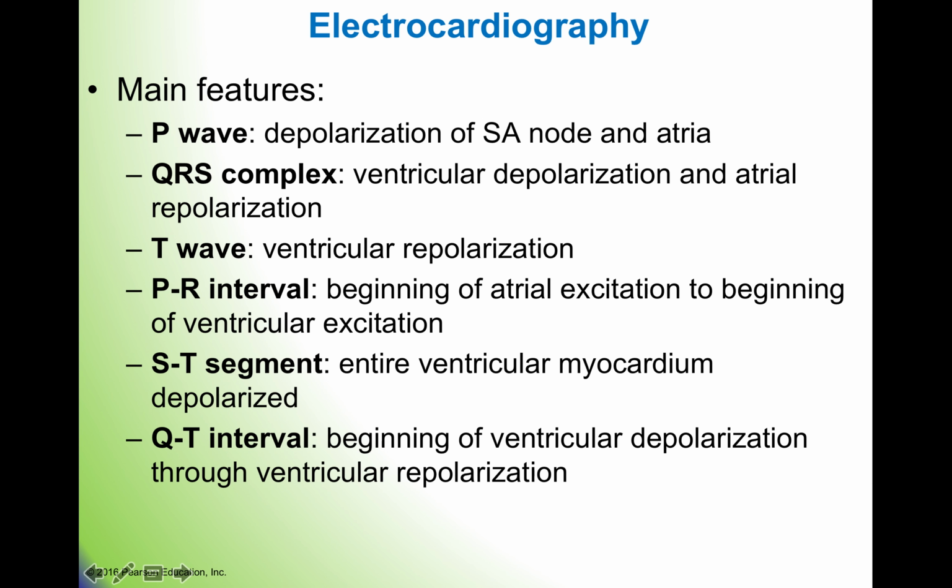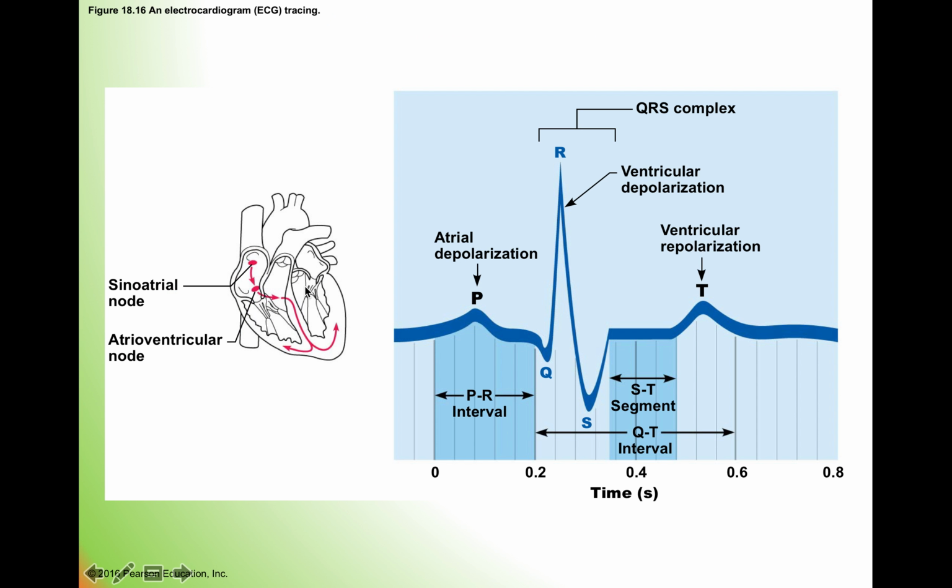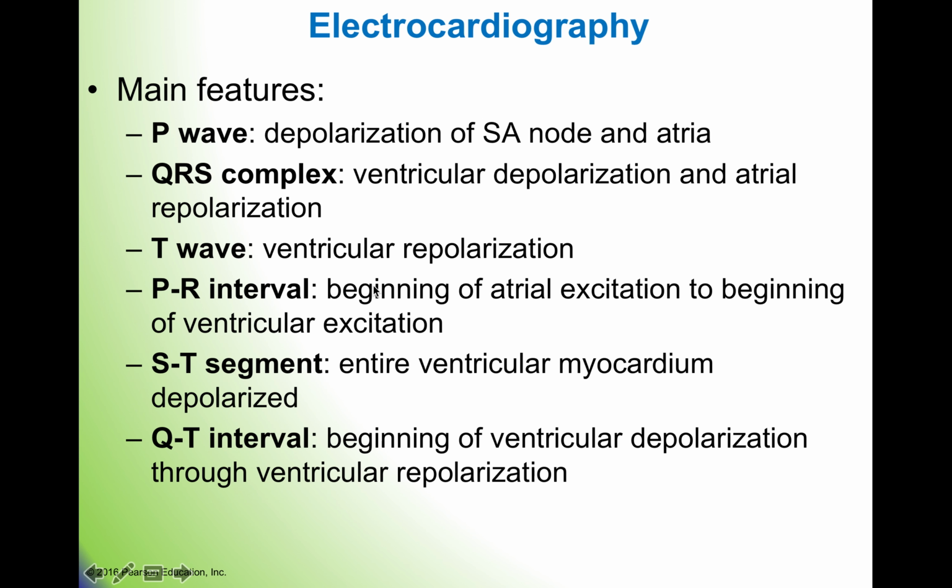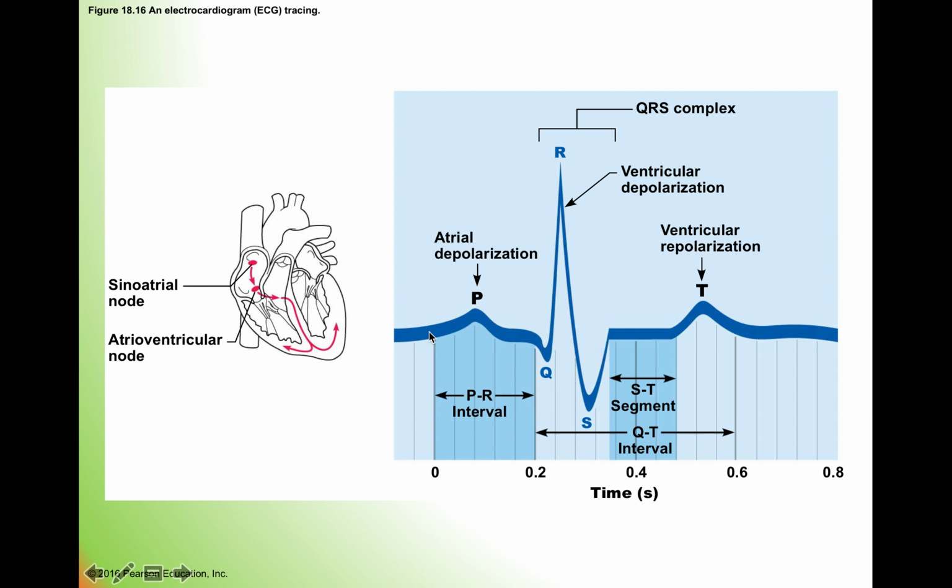Within your electrocardiogram, you also have additional components, such as the PR interval. Right here is your PR interval, from the beginning of the P wave all the way to the beginning of the QRS complex. It represents atrial excitation to the beginning of ventricular excitation, which should make sense since this represents depolarization of the atria, followed by depolarization of the ventricles.